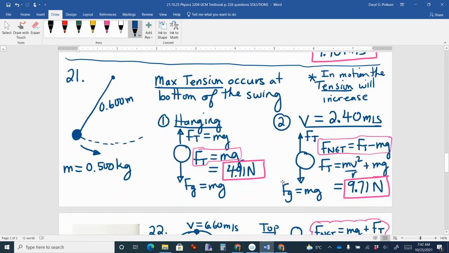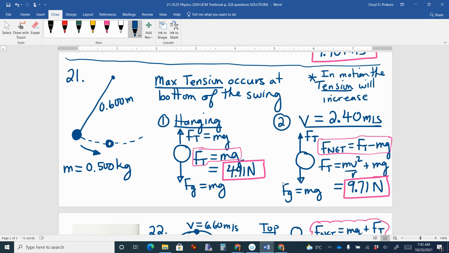In number 21, we're asked to find two things. What is the maximum tension at the bottom of the swing, so down here? One, when it's just hanging. You just allow that mass to hang. And when you do that, the tension is just equal to the weight, right? Because there's nothing else happening. It's just hanging straight down.